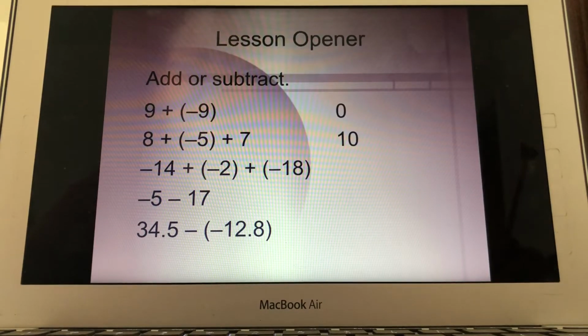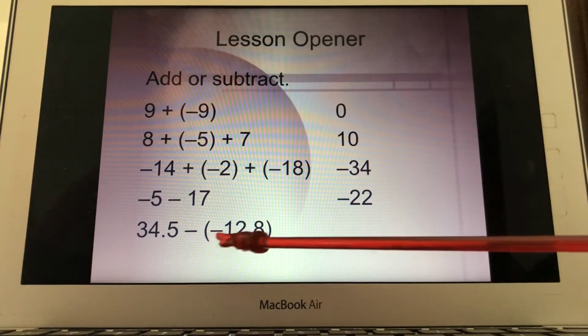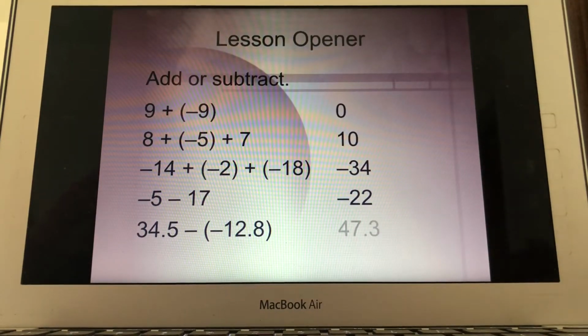Negative 14 plus negative 2 plus negative 18 gives us negative 34. Negative 5 minus 17 gives us negative 22. 34.5 minus negative 12.8 gives us 47.3. We can do those easily.